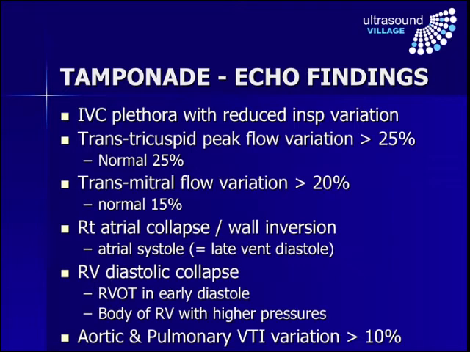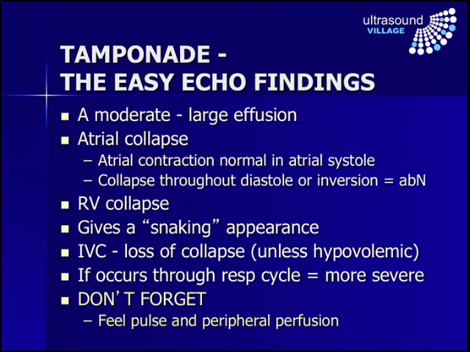Now, that's the full list. A lot of these things you won't be measuring, and we don't want you to measure. So these are the things that are a lot easier to see, which don't actually require measuring actual flow rates and so forth.